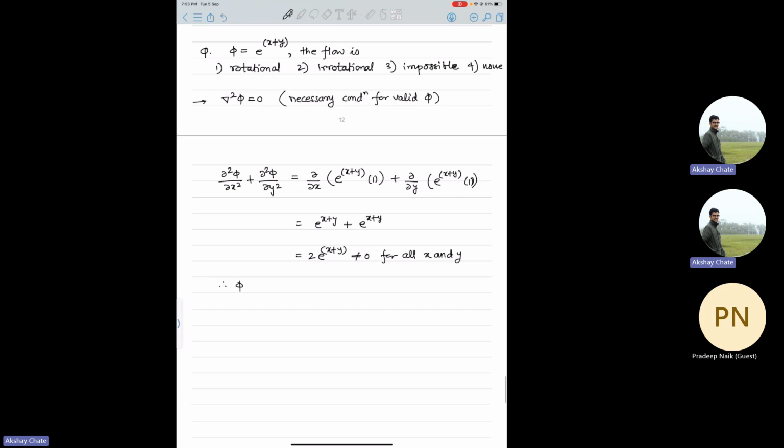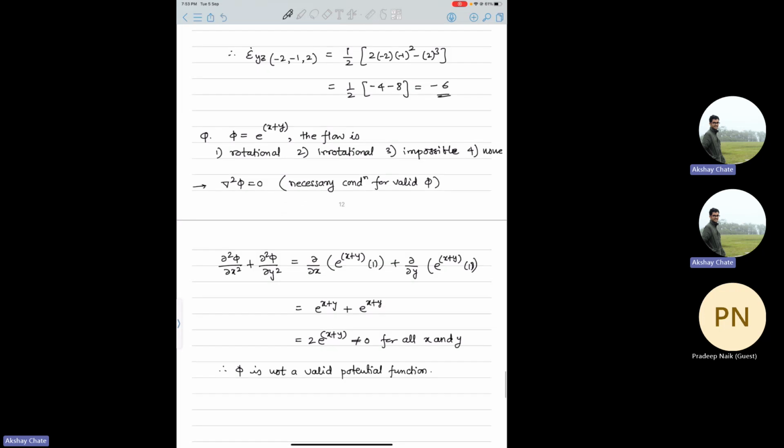That is nothing but 2 e to the power x plus y. And it is not 0 for all x and y. Therefore, phi is not a valid potential function, and therefore the answer should be impossible. The flow is impossible. This should be the answer.